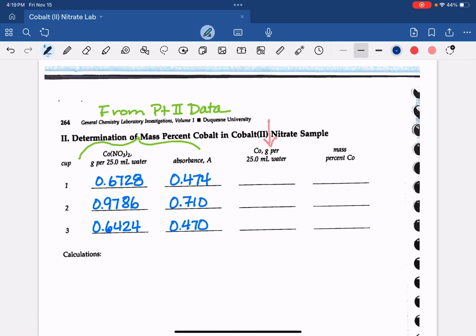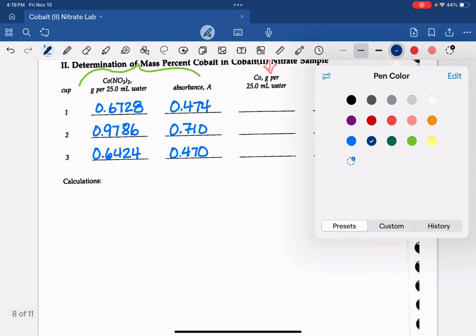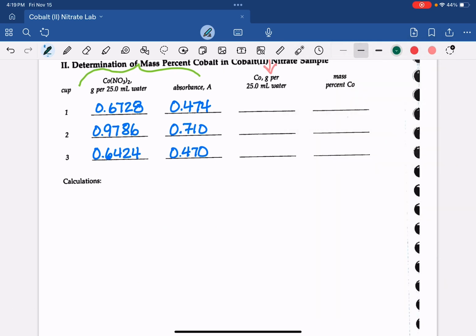All right, so back over at your data table. All right, how do we do this? All right, so let's slide down here. All right, we're going to take our equation. I wrote that incorrectly. Hold on one second.